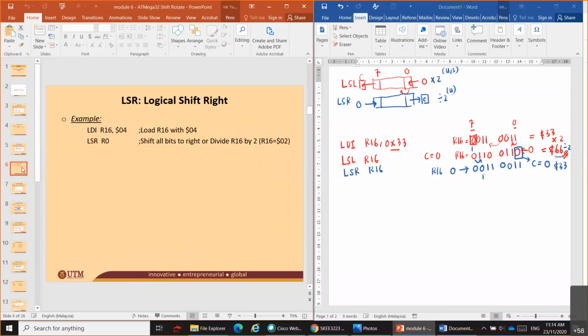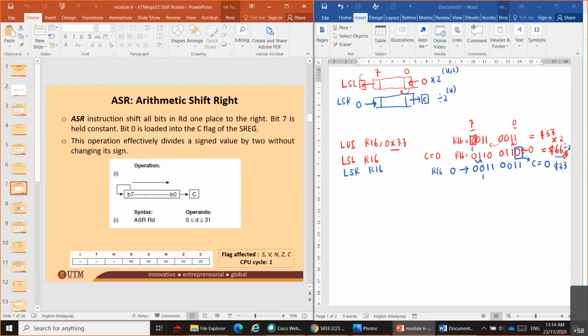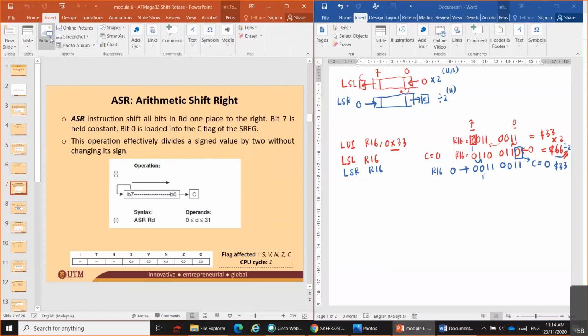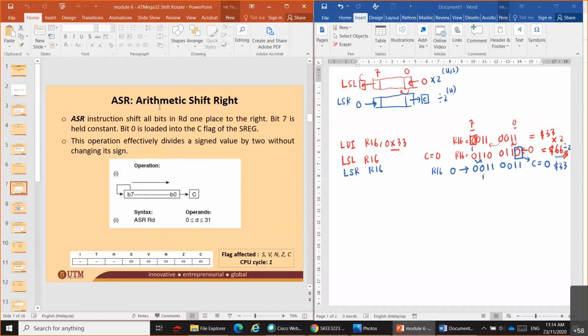This is another example, you can do it on your own. All right, now we're going to the ASR. What does ASR do? ASR stands for arithmetic shift right. This instruction shifts all bits of RD one place to the right.